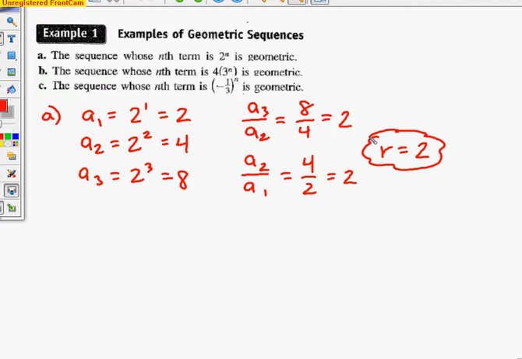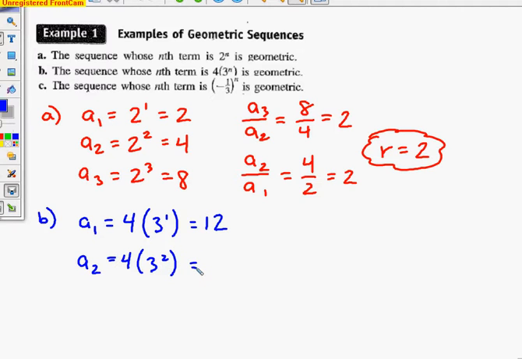Okay. We'll do B as well. So for B, a sub 1 would be 4 times 3 to the first. 3 to the first is 3. 3 times 4 is 12. A sub 2 will be 4 times 3 to the second. 3 to the second is 9. 9 times 4 is 36.